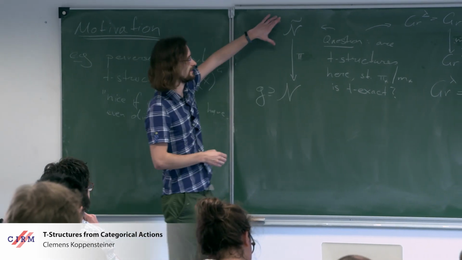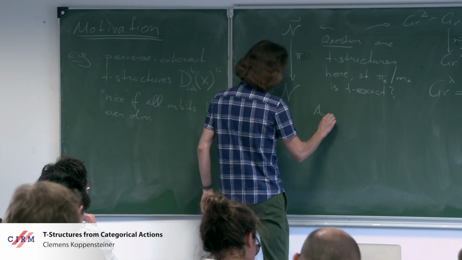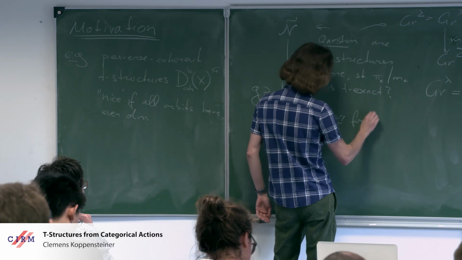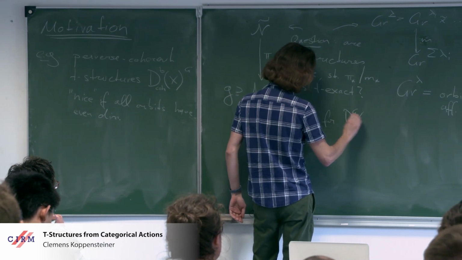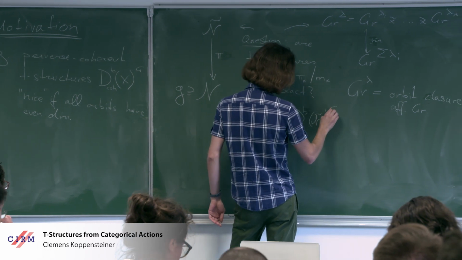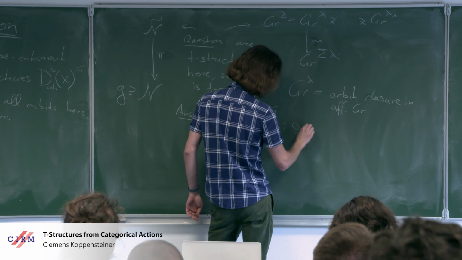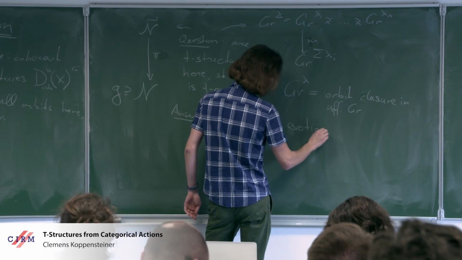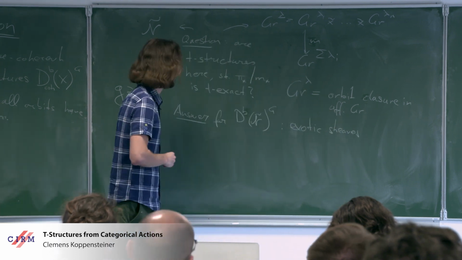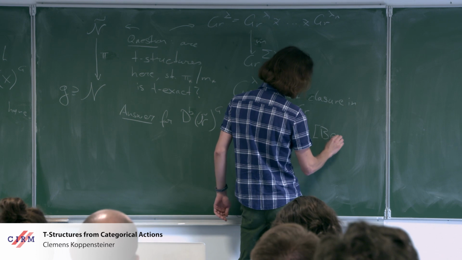For this category, the answer has been given. The answer for the bounded derived category of the Springer resolution is called exotic sheaves, and they have been defined originally by Bezrukavnikov and then various collaborators.